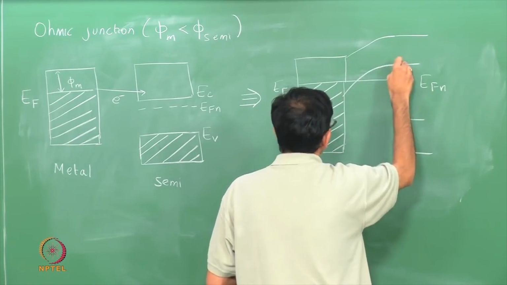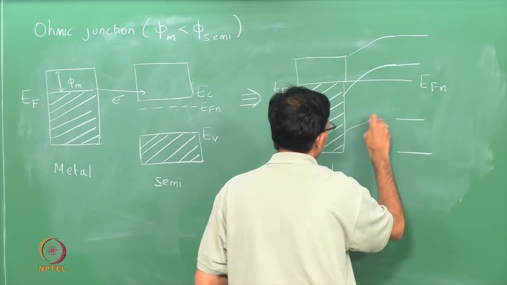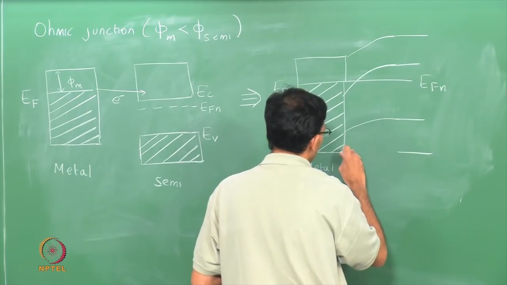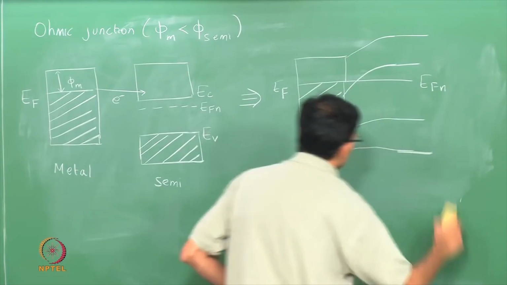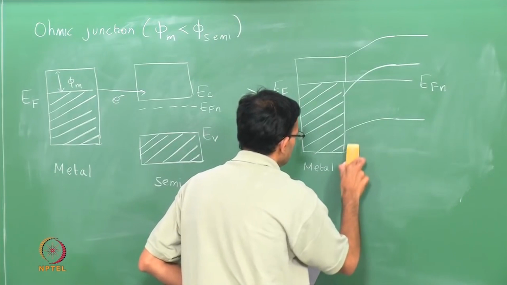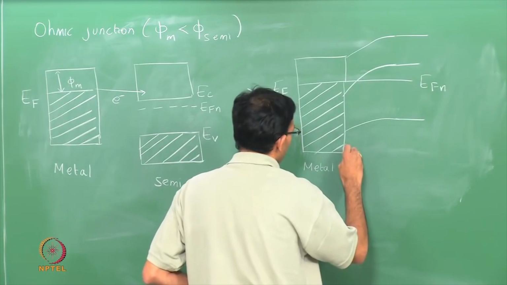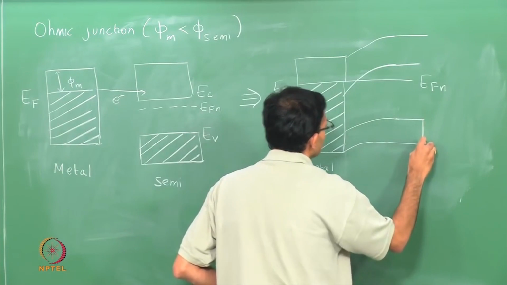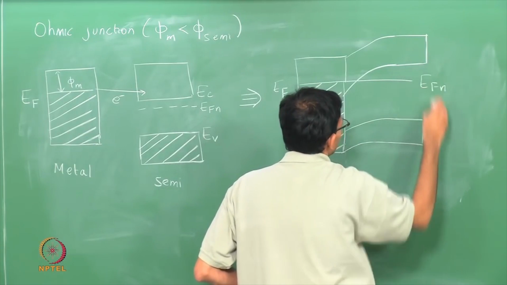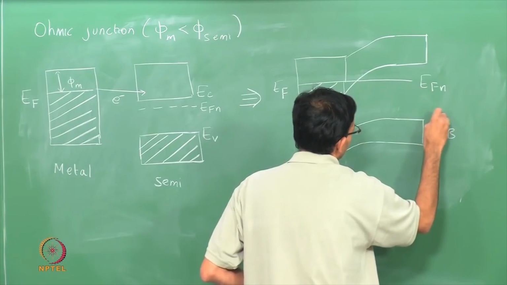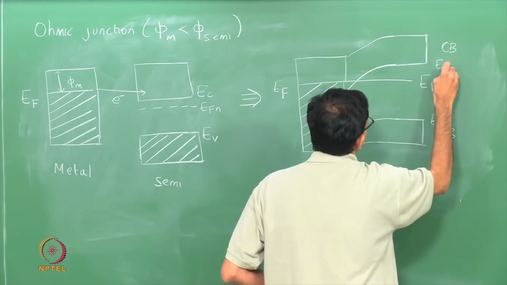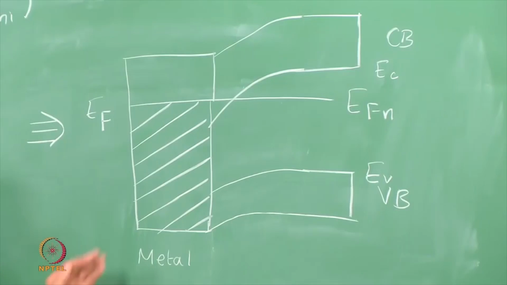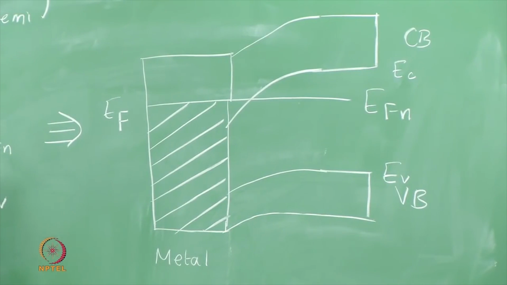So, now the bands will bend the other way because the electric field is in the opposite direction. We just redraw this portion to show the band bending. So, this is your valence band with EV, this is your conduction band with EC. So, now you have bands that bend down because the electric field goes in the other way.